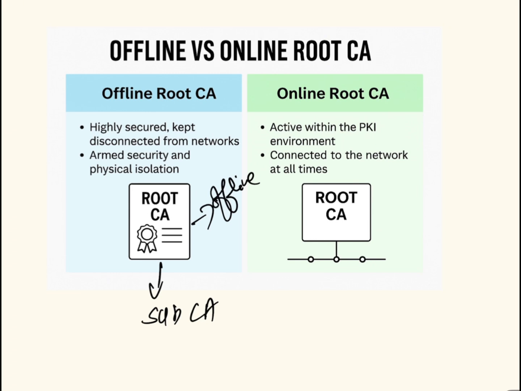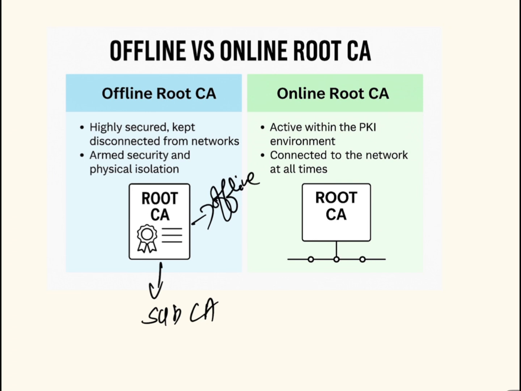So if we talk about the flow for application certificate validation, let's take an internal app, a VPN gateway. Clients connect to the VPN gateway over SSL or TLS. The VPN gateway sends its certificate issued by the sub CA. The client device validates the certificate chain, for instance, the sub CA certificate and root CA certificate.